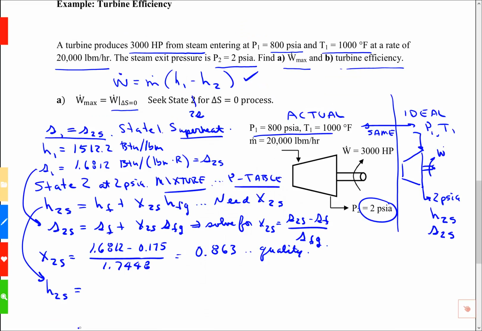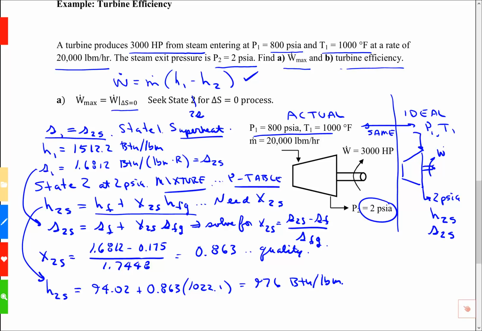Transferring those back, we're going to calculate using this relationship. HF is 94.02. The quality is 0.863. HFG is 1022.1. And when I calculate that, I get 976, and it's in BTUs per pound mass.